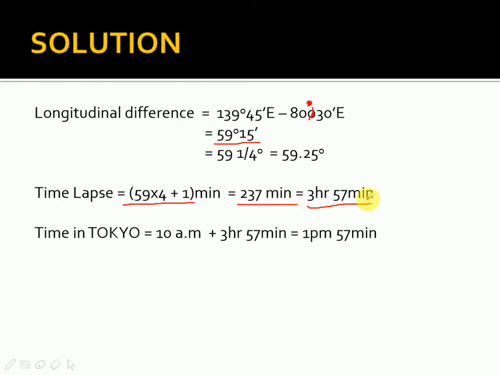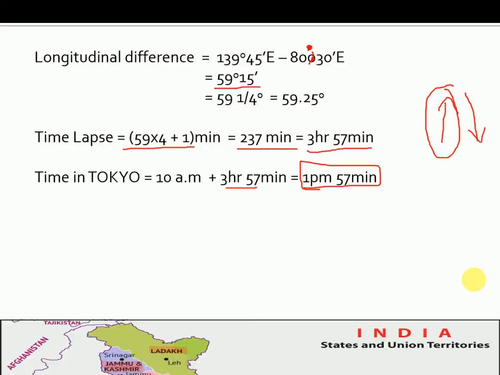Again, you need to think about whether the time in Tokyo will be ahead of or behind India's time. It's very simple. The sun first rises in Tokyo and then in India. So the time in Tokyo will be ahead of the time in India. So we need to go ahead: 10 a.m. plus 3 hours 57 minutes gives us roughly 1 p.m. 57 minutes, which is near to the fourth option. So we are done with this question.